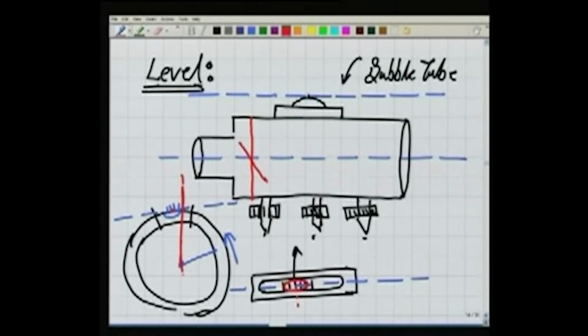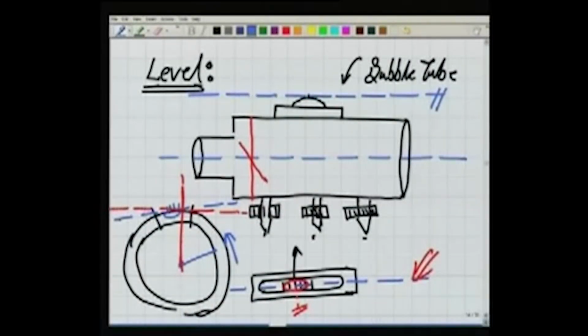If this point is pointing upward, this blue line here, the axis of the bubble tube, will be a horizontal line. So, basically using this bubble tube, by bringing the bubble in center, as we say, we can make this blue line, the axis of the bubble tube, horizontal. So, that we know now.